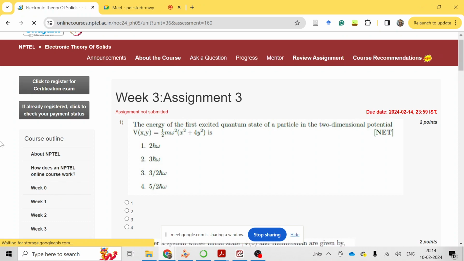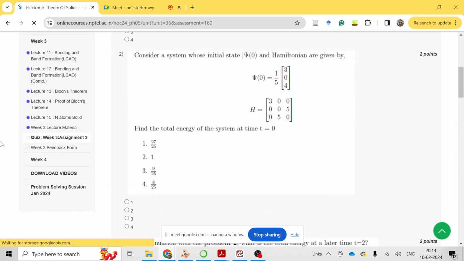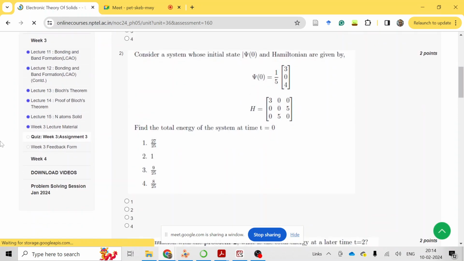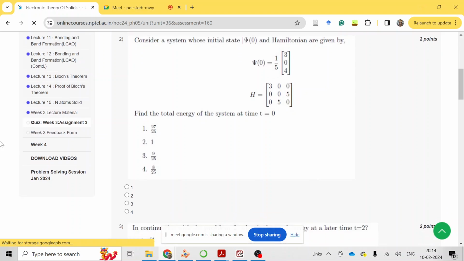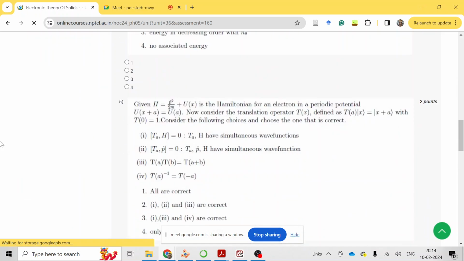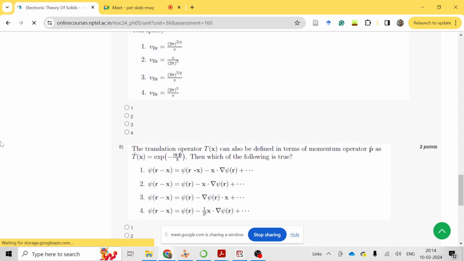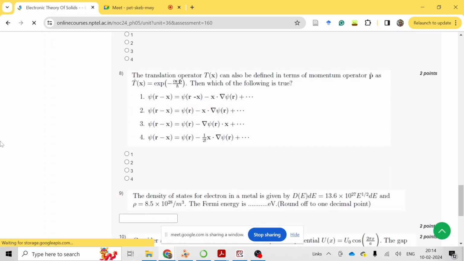Alright, yeah. Which question number? Question number 2, 3 and 8. Number 8 is this one: the translation operator Tx can also be defined in terms of the momentum operator Pk, then which of the following is true.